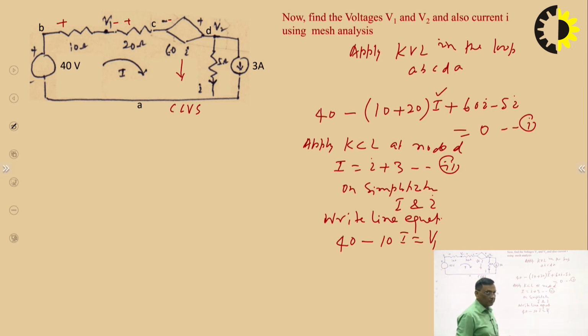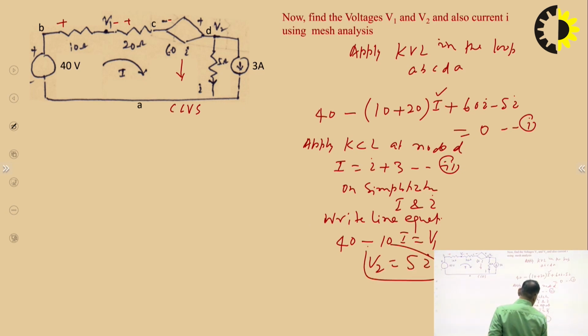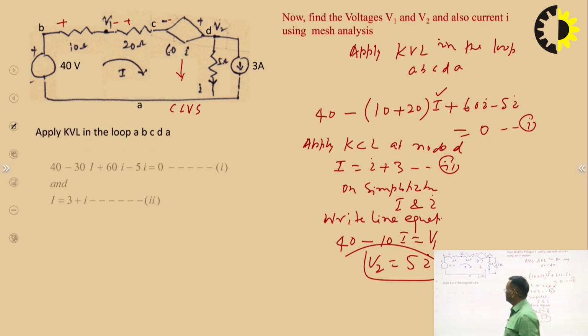We can obtain I from these two equations. Writing this we can get V1 and V2. V2 is 5I.